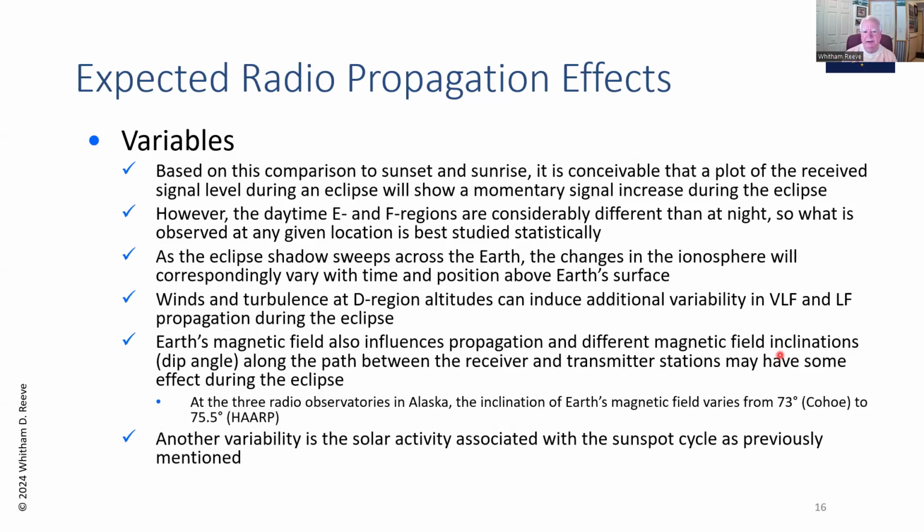At Coho, it's 73 degrees, so you're almost vertical there. But again, the propagation is coming from some other place to Coho, so I wasn't really expecting a whole lot of magnetic variation in these particular observations.